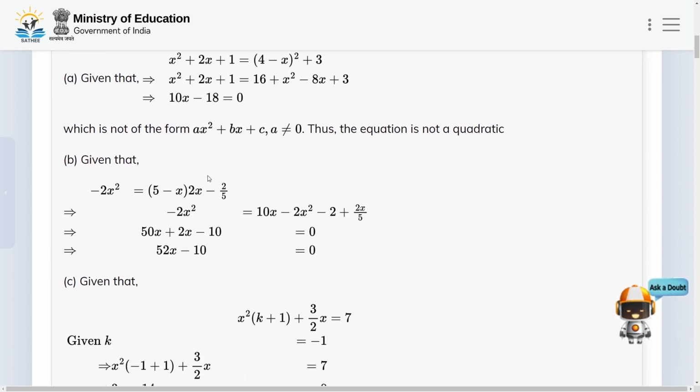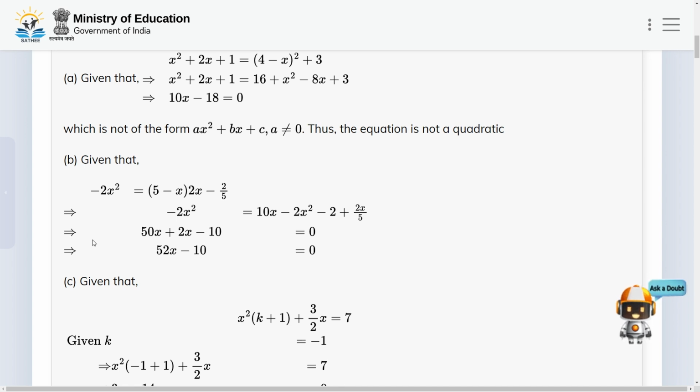In option B, we are given minus 2x square equal to 5 times (5 minus x) times (2x minus 2 by 5). It implies minus 2x square is equal to 10x minus 2x square minus 2 plus 2x by 5.